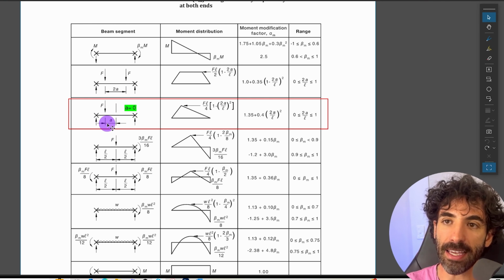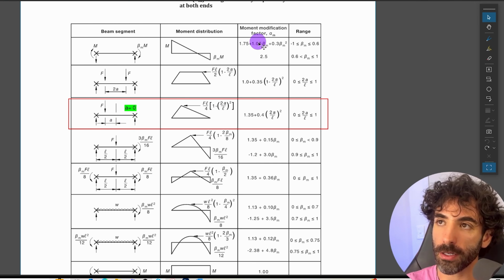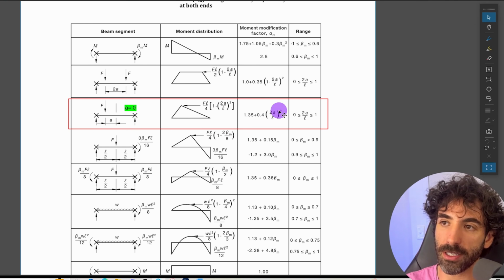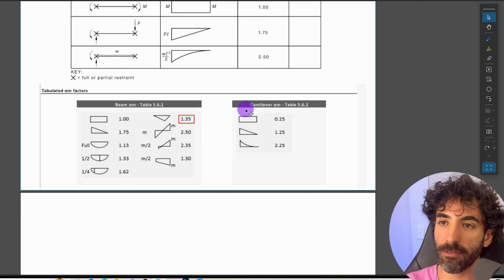That means A equals 0. Therefore, the moment modification factor alpha m equals 1.35 plus 0.4 times 2 times 0 divided by L squared. So that means this part of the equation is 0, and we've got left 1.35.